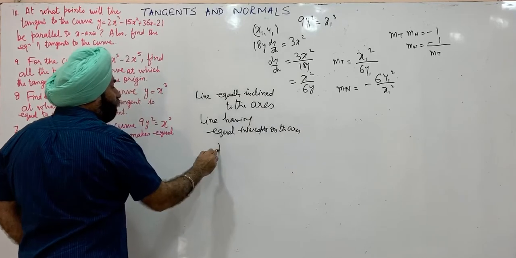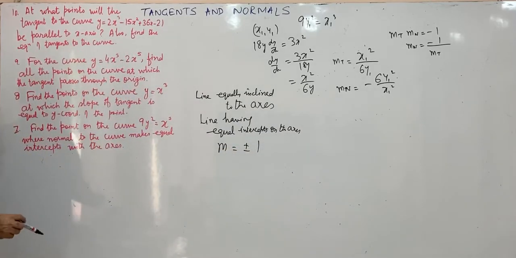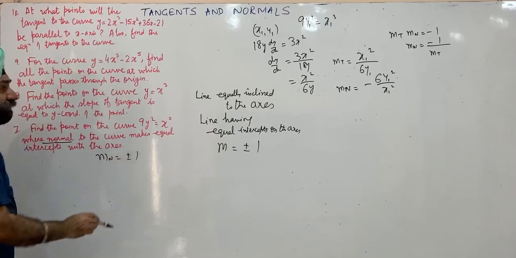So both the terms mean that slope of line is either +1 or -1. In this case, the line is normal, so this means slope of normal is +1 or -1.